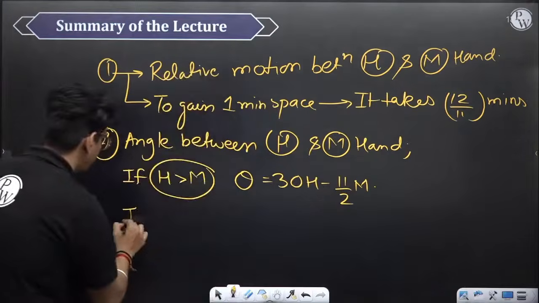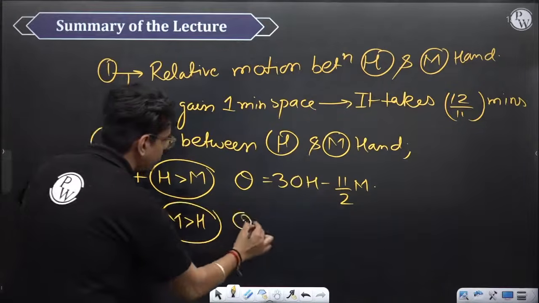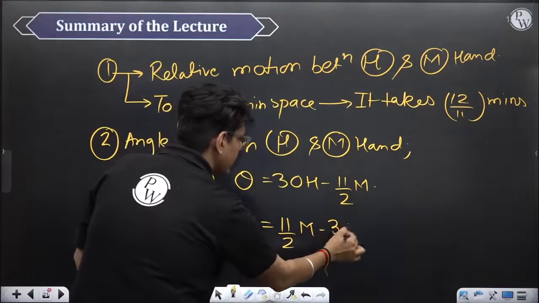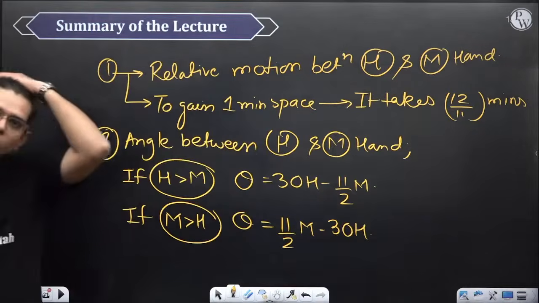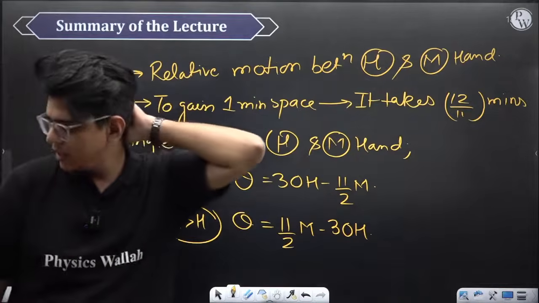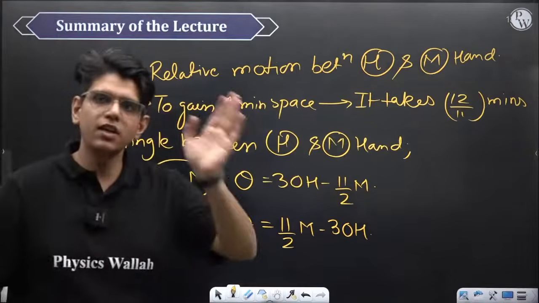If the minute hand is ahead of the hour hand, then theta equals 11 by 2 m minus 30h. And also we have seen questions on faulty clocks, if a clock is losing 2 minutes, 3 minutes in 24 hours, or gaining, right? So we have covered everything from clocks.